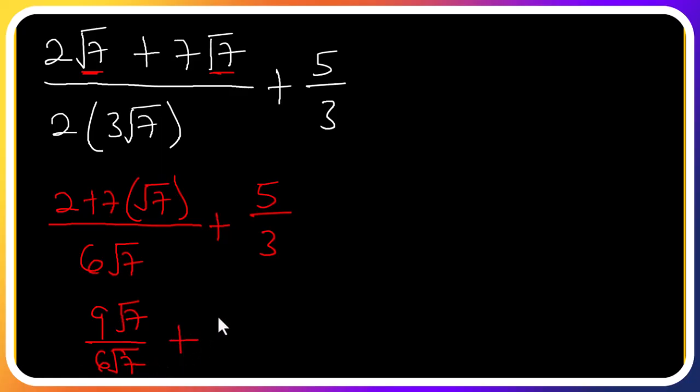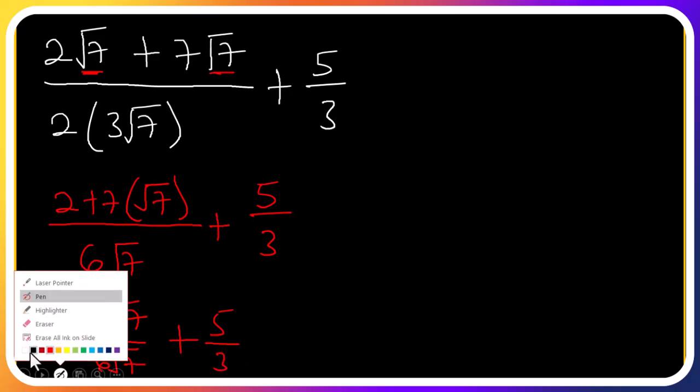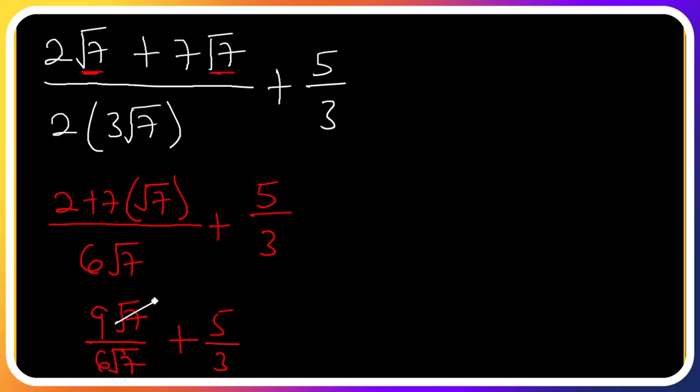Plus 5 on 3. So from here, root 7 cancels with root 7, and 9 on 6 could also be reduced by a common factor 3. So 3 into 9 is 3, 3 into 6 is 2. So we have 3 on 2 plus the fraction 5 on 3.